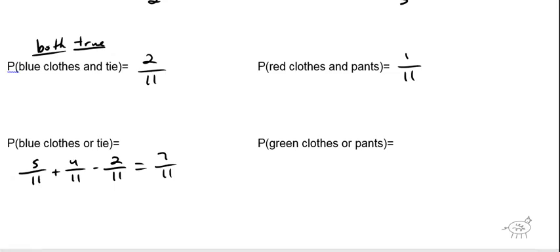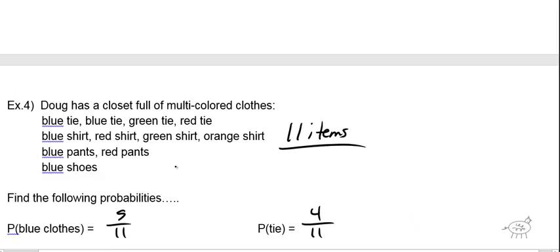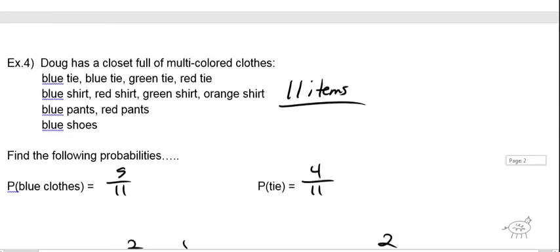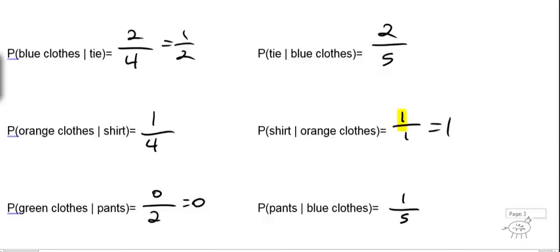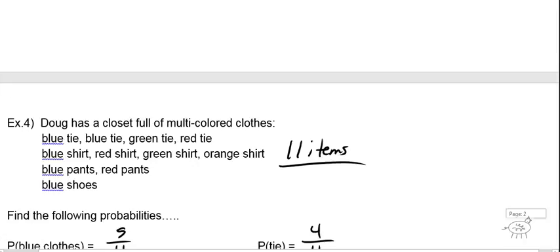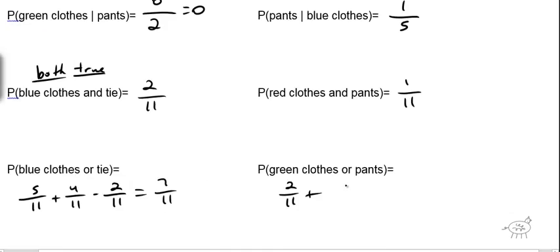The last one: probability of green clothes or pants. Probability of green clothes: I have a green shirt and a green tie, so it's 2 out of 11. Probability of pants: there are 2 pairs of pants, so 2 over 11. Again, I have to subtract the overlap, which is green pants.